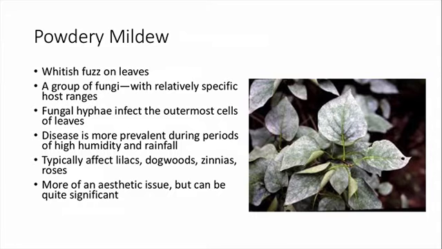So there are ones that hit lilacs, zinnias, dogwoods, roses. They're all susceptible to powdery mildew, and if we have a cool spring and summer, you're almost assured of seeing this disease.